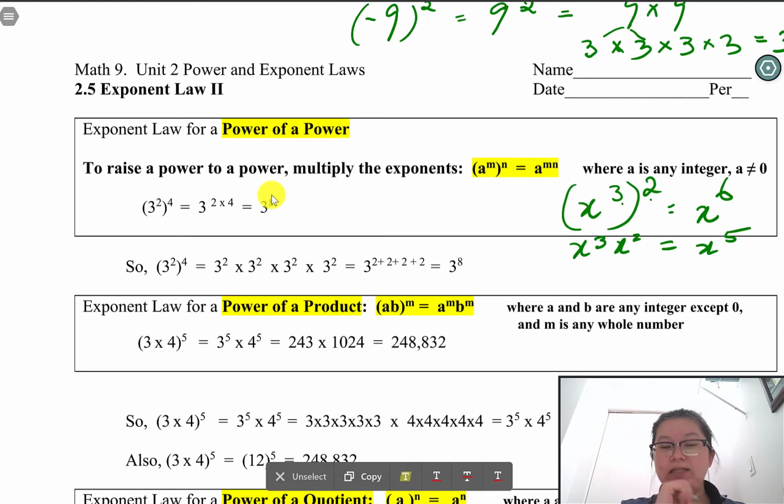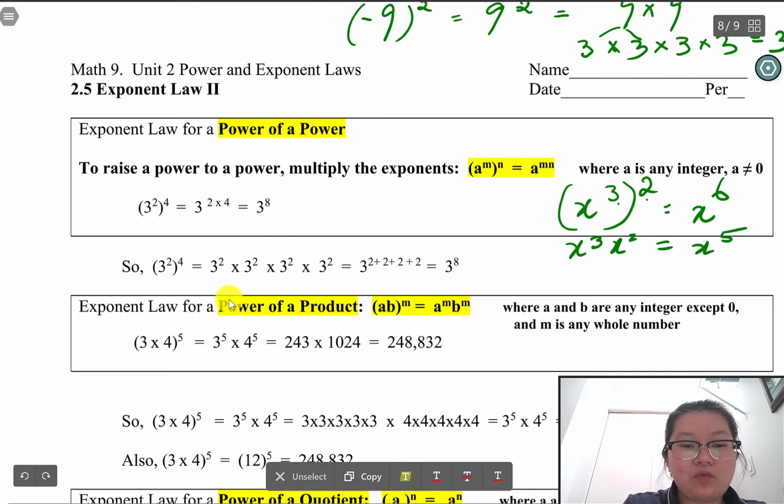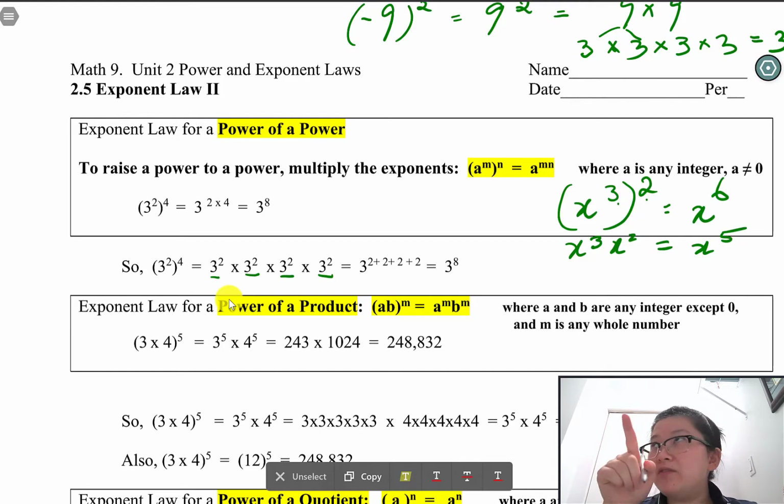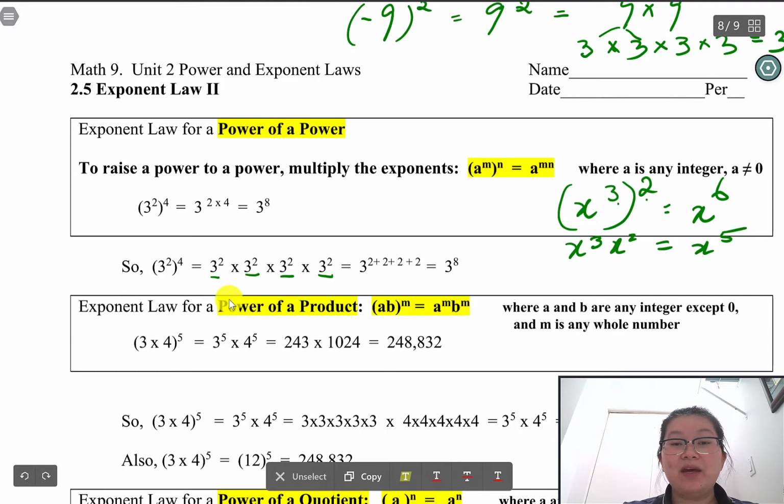The reason why, let's take a look at an example below. They have 3 to the power 2 and then raised to the power 4. What that means is I have to multiply 3 to the power 2 by itself 4 times. So that's 1, 2, 3, 4. Now we can use the previous exponent law: since I am multiplying these powers with the same base, I just have to add their exponents.